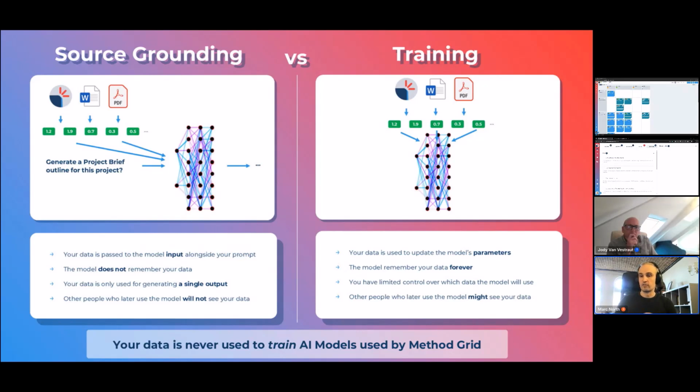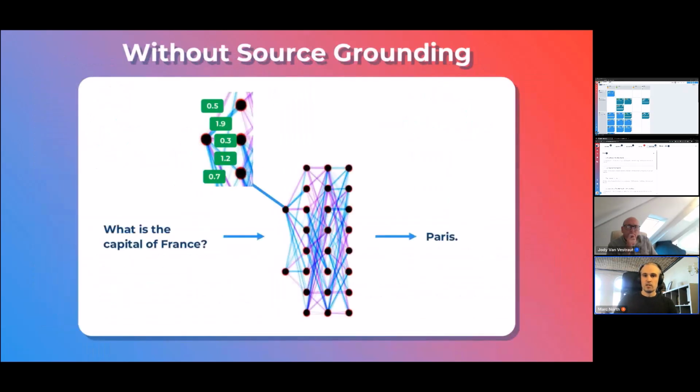It's used to generate one single output and then is forgotten. We're not changing the model. We're not updating the model's parameters. And very importantly, from a security point of view, people outside your organization or other people who might use that AI model later will not see your data because it's not there. So that is broadly the difference between training and source grounding.